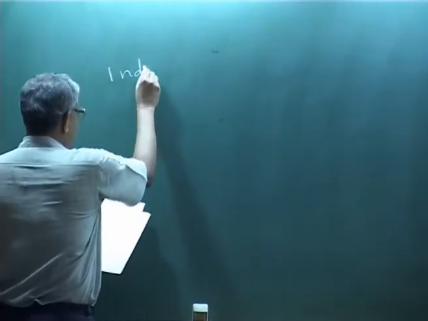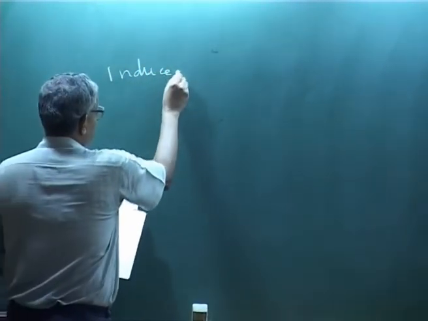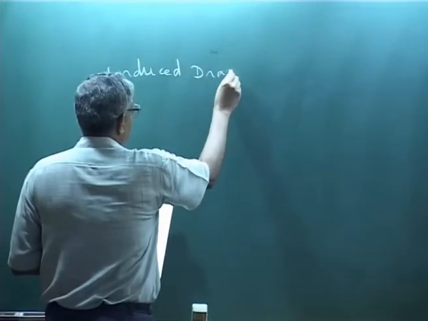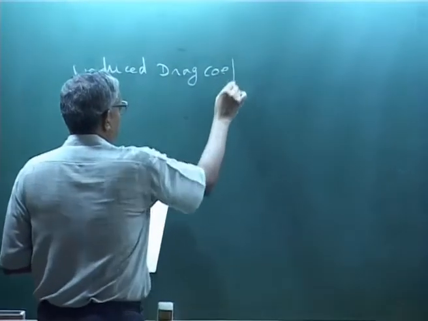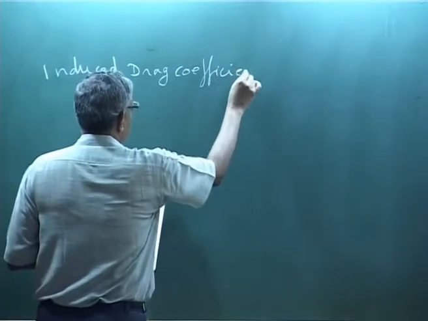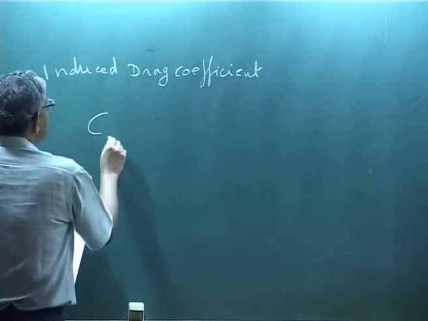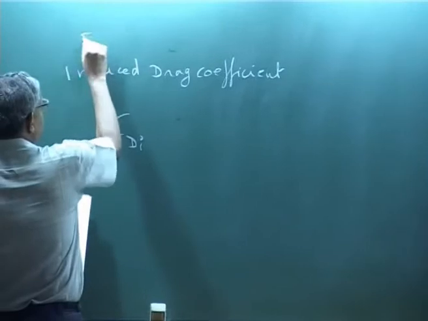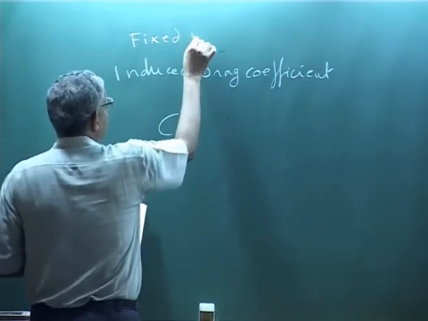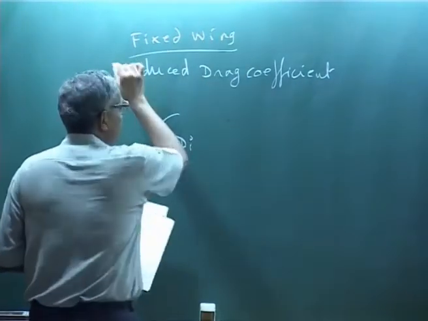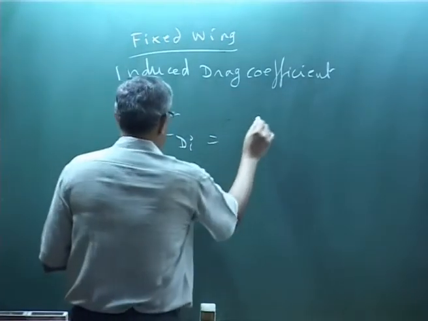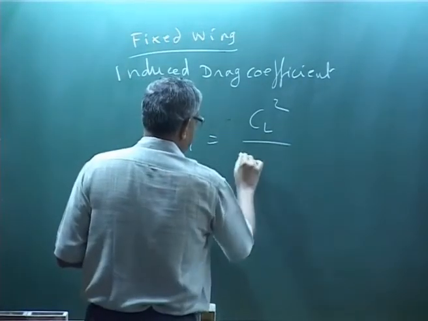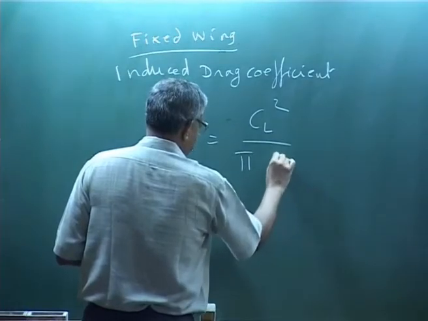Is it okay? See, you know, fixed wing theory tells you induced drag coefficient, CDI, because fixed wing, please understand, I am directly jumping to, this is, you all know, CL square over pi aspect ratio.